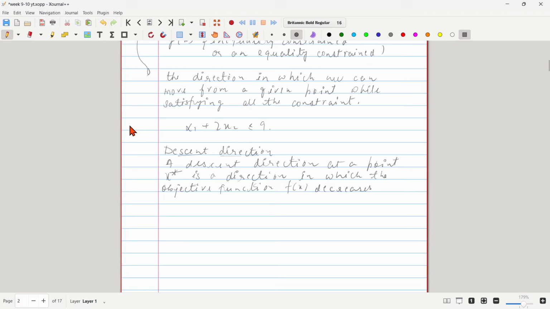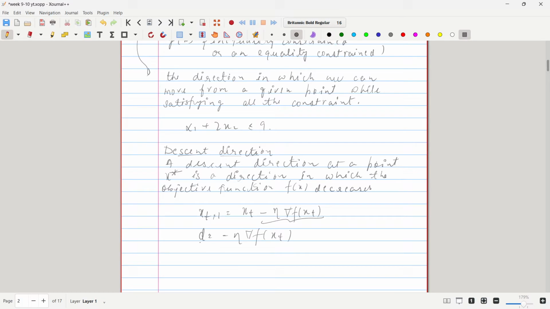As you have studied maybe in week 7 or week 8, the gradient descent method: x of t plus 1 is equal to x of t minus step size times the gradient of your objective function. Now this d can be written as minus step size times f dash of x t.